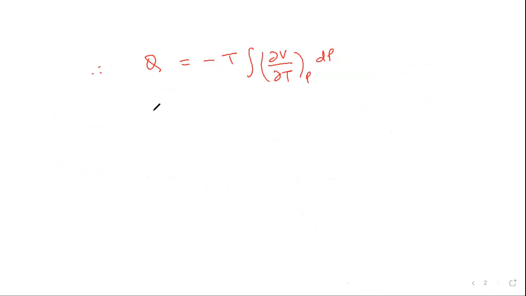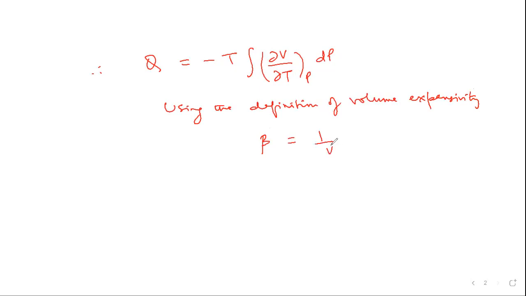Now using the definition of volume expansivity, beta, you know, beta is 1 over V dou V by dou T at P. By definition, fractional change in volume to change in temperature at constant pressure.